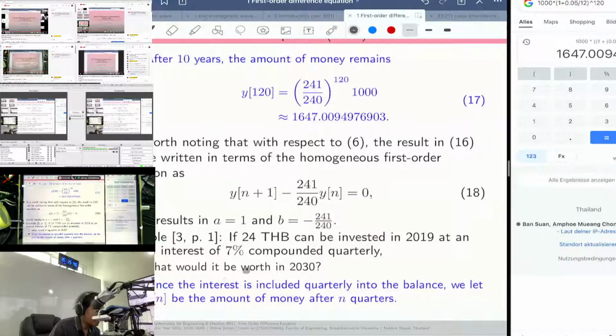So this is the amount at December. They ask us to find the balance at December 31, 2030.